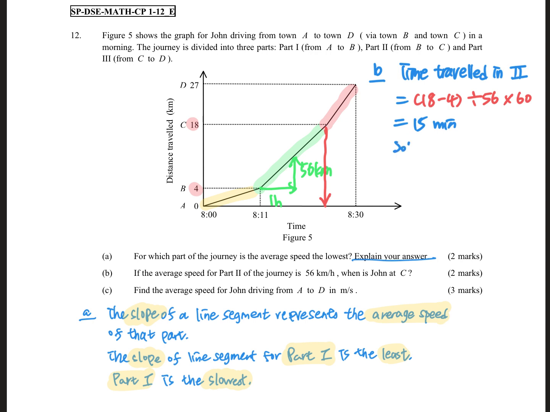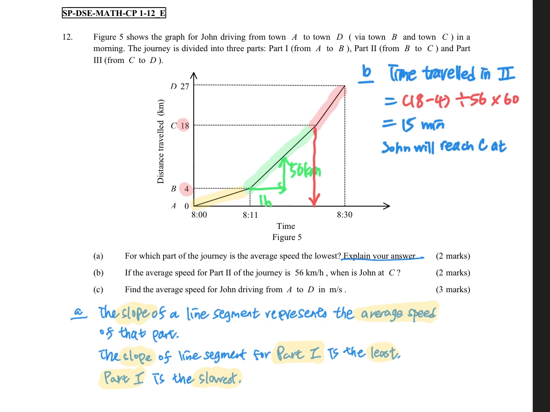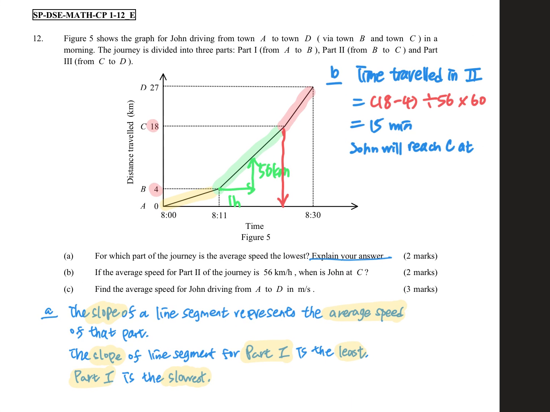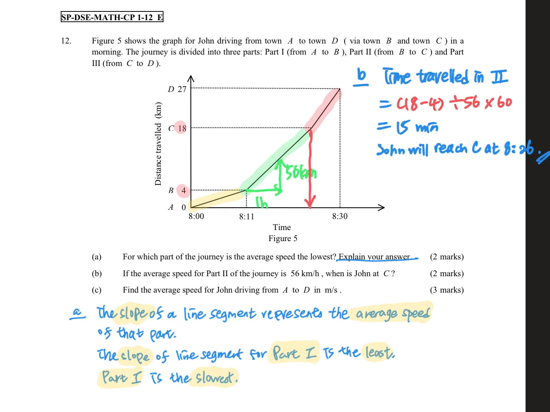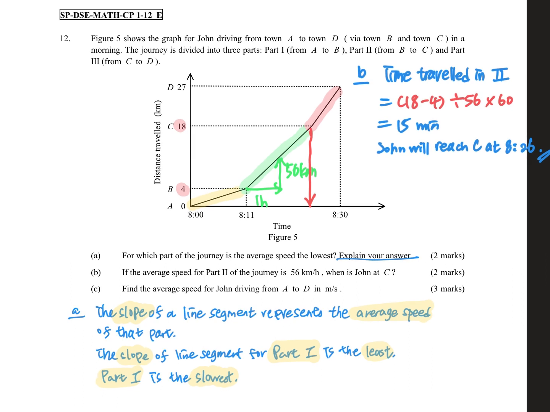So John will reach C at 8:11 plus 15, so that will be 8:26. Good.